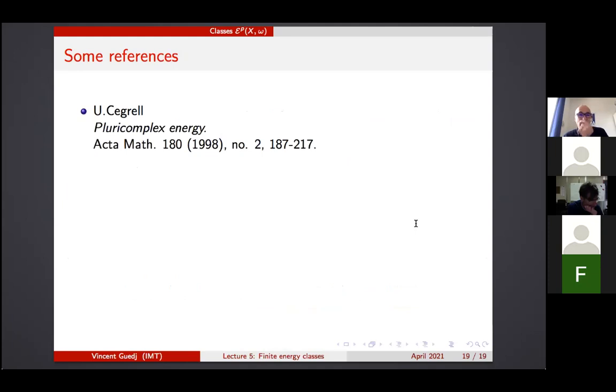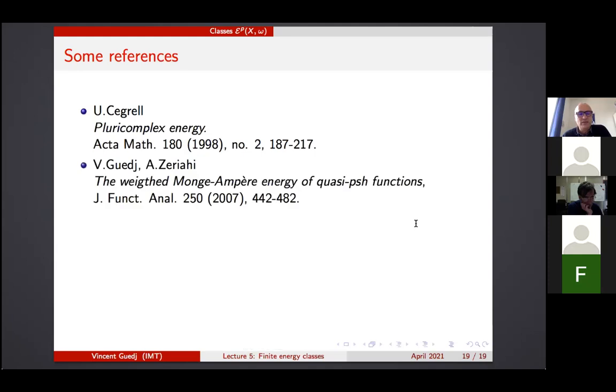Okay, I end up with this first lecture of today by giving a few references. First, the notion of energy in several complex variables showed up in a paper by Cegrell, who was considering a similar setting in pseudo-convex domains of C^n. And then the majority of what I said in this lecture comes from a joint paper with Ahmed Zeriahi.